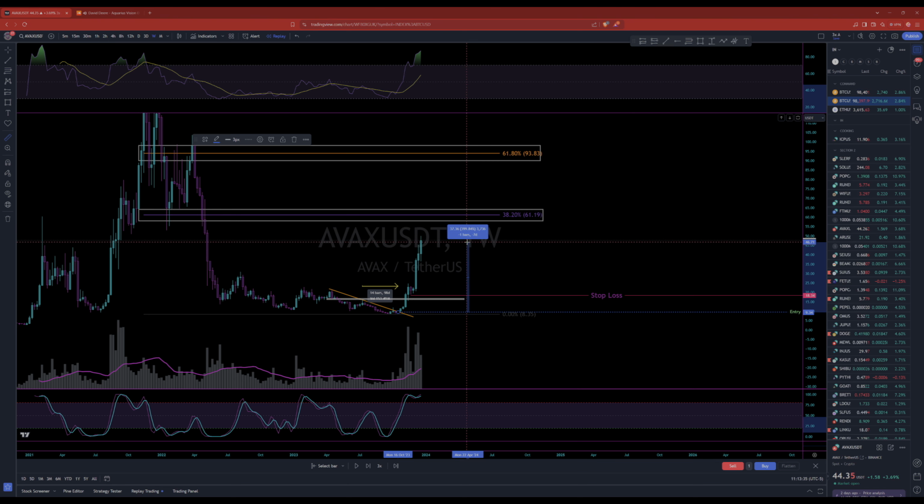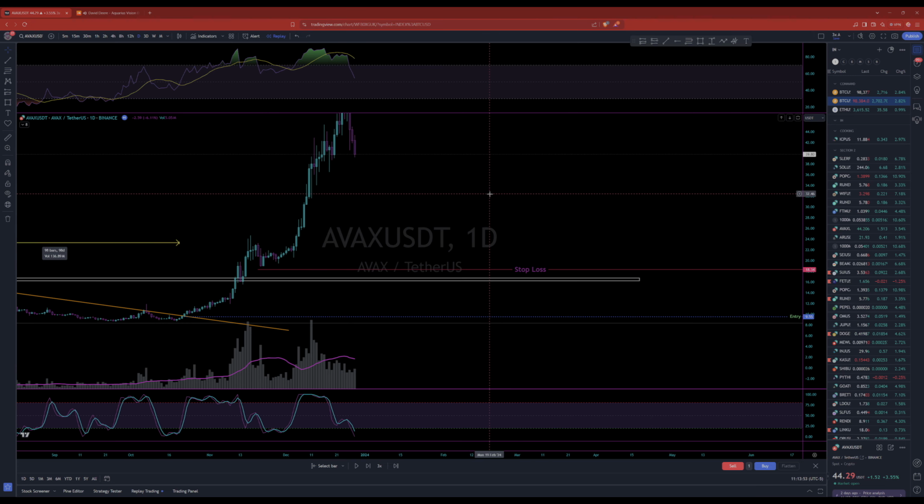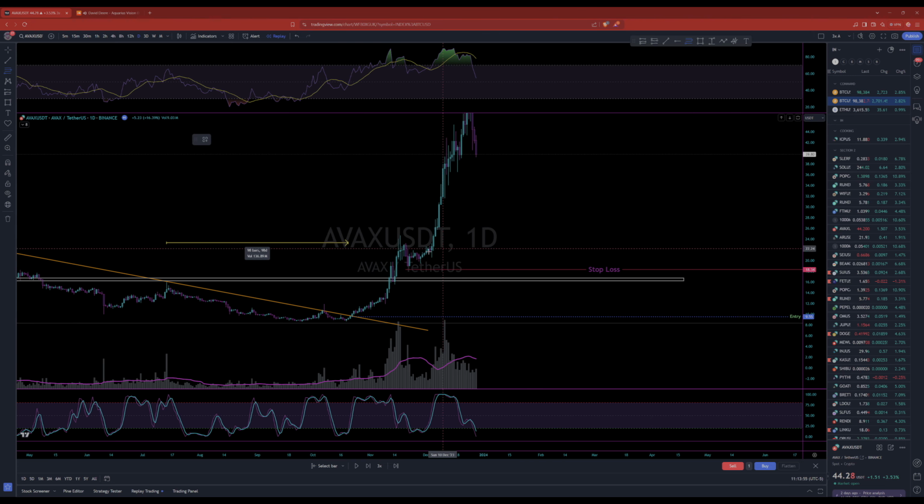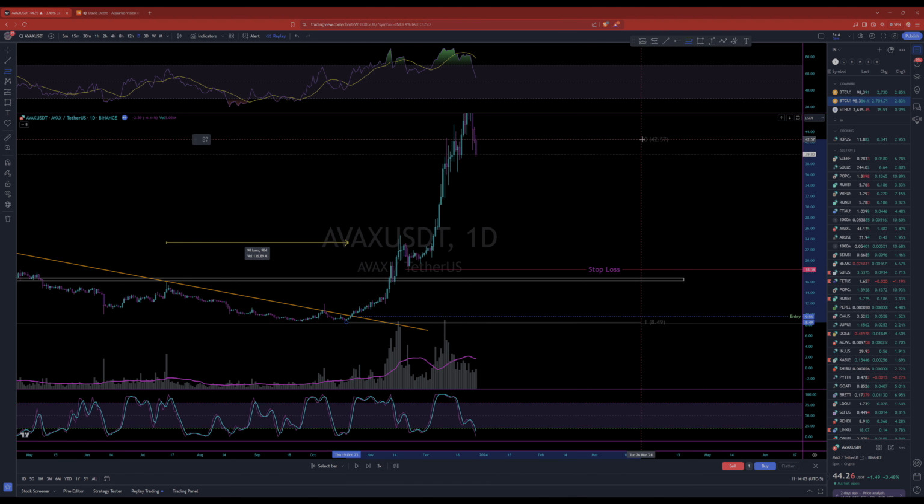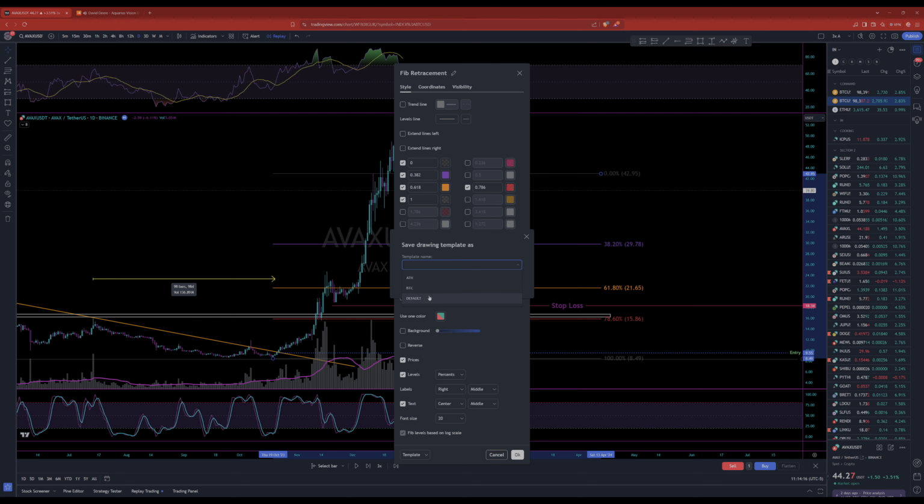Now let's look at where things can retrace to. So we're good. We'll have two areas. We're gonna have to set this back to default. I'm gonna take that off. Save as default.